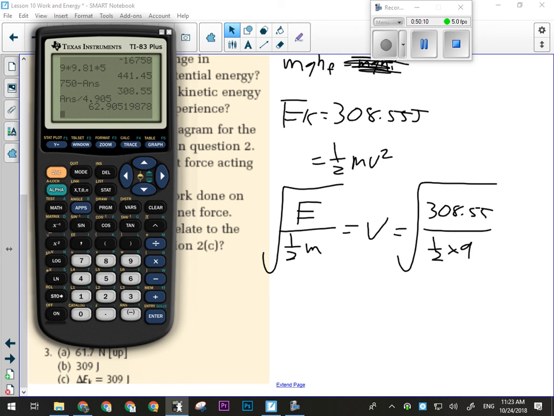Whoops. 308.55 divided by 4.5, half of 9, and then I got to square root that. 8.3. It's moving at a speed of 8.3 meters per second now as a result of that force.